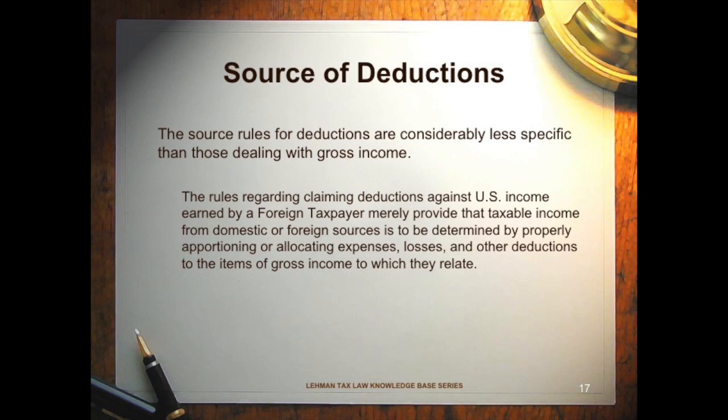But again, you can get certain exclusions here, and you really have to go on a case-by-case basis when you're talking about deductions related to income earned by foreigners, as to whether that's income from United States sources that are going to be typically taxable, or income from foreign sources, and how the deductions are related.